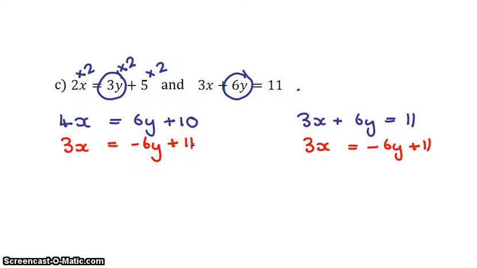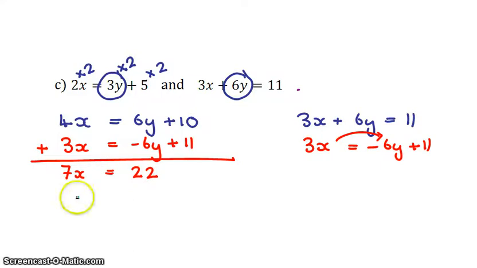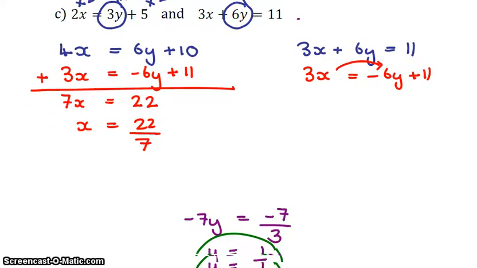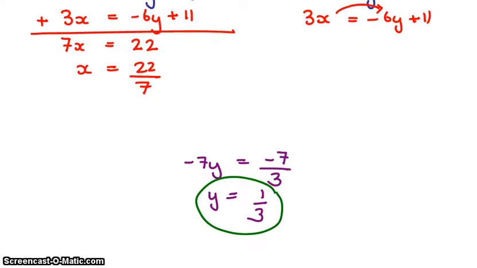If I did take the 6y and minus it on both sides, I could add these equations together and I get 7x and 22, which means I can solve for x immediately just by simply adding my equations together. So I get x is equal to 22 over 7. And then I can continue finding my y, which is a third.